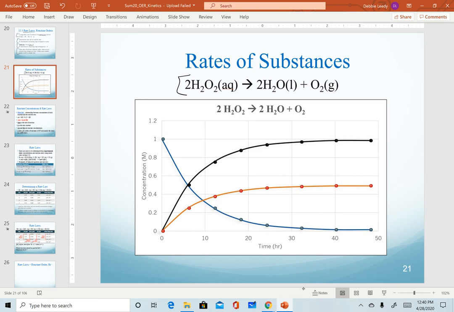So again, an average rate would be looking at any two measured points in here and calculating the change in concentration over change in time over an average. An instantaneous rate would be looking at the slope of the tangent at some specific time. So if I could measure and calculate the slope of this tangent, that would give me an instantaneous rate.